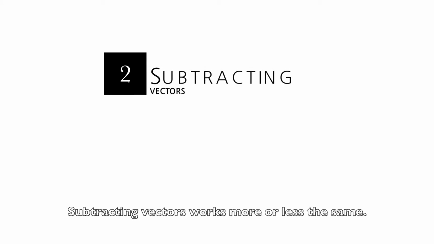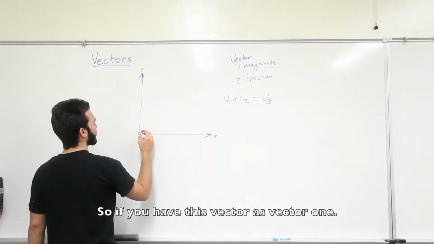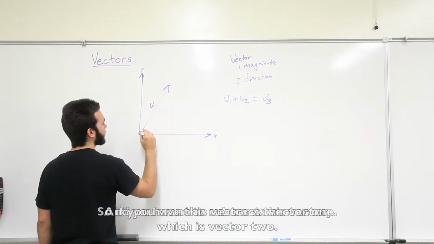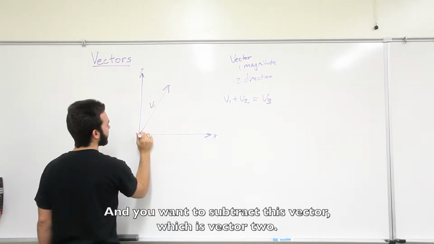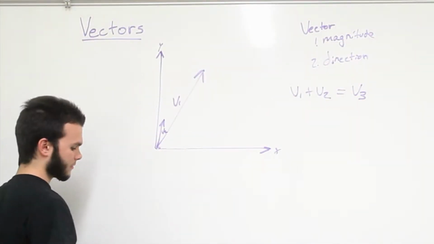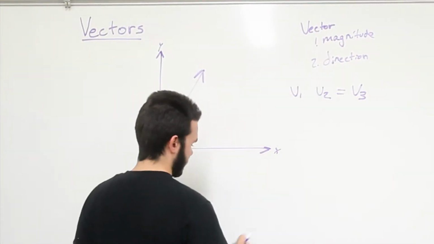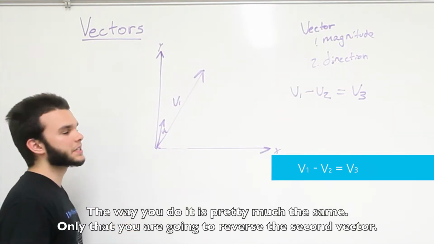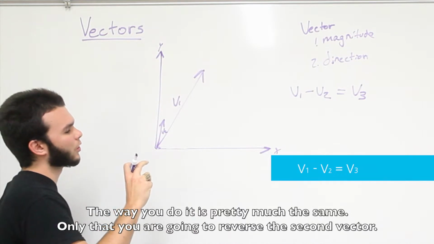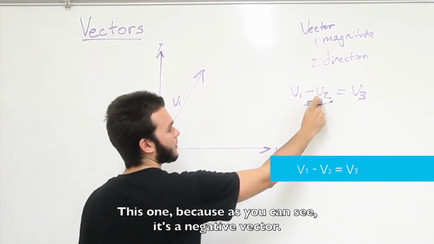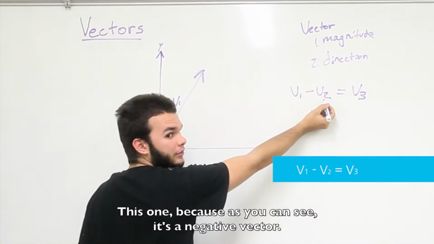Subtracting vectors works more or less the same. So if you have this vector as vector 1, and you want to subtract this vector, which is vector 2, the way you do it is pretty much the same, only that you are going to reverse the second vector, because as you can see, it's a negative vector.